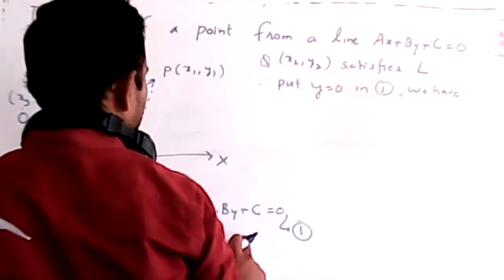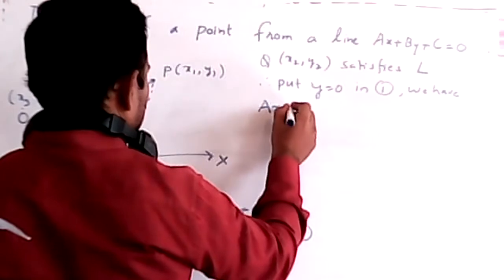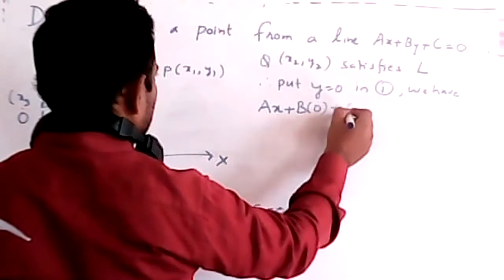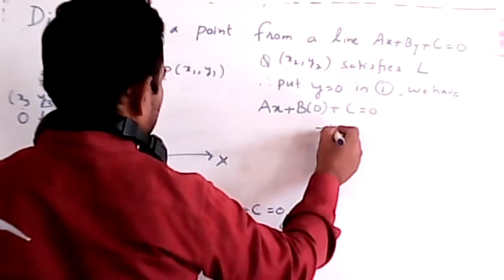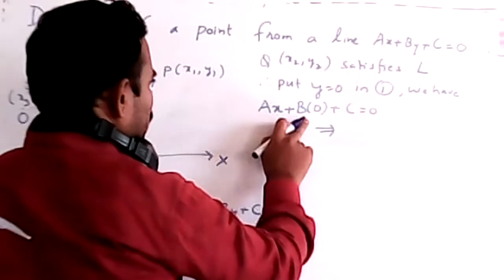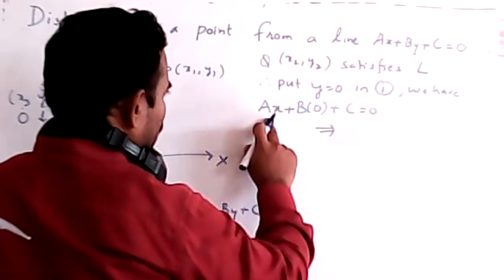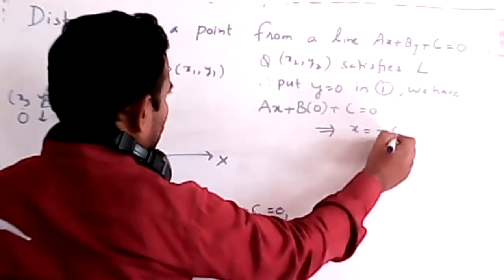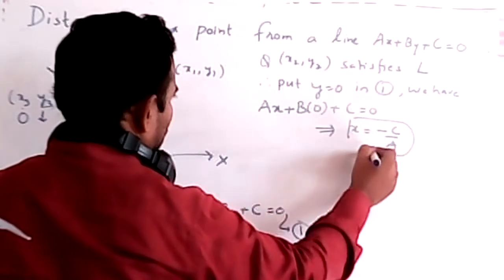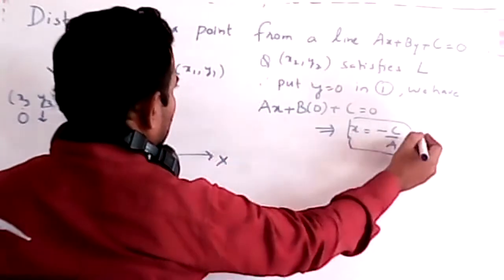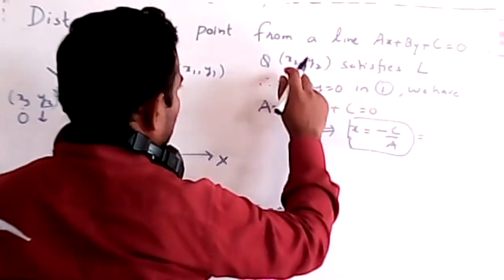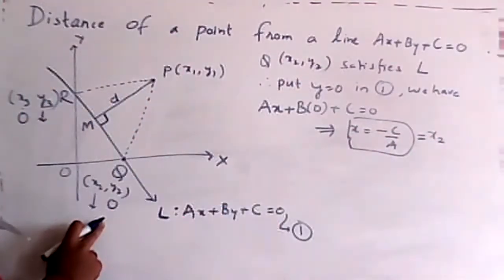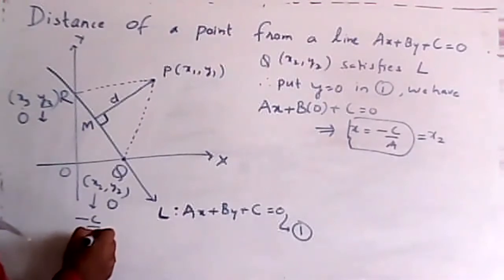When we make y = 0, the line becomes Ax + b into 0 + C = 0. This implies b into 0 is 0, so Ax + C = 0, and I want Ax, so it is minus C. I want only x, that is x = -C/A. This is nothing but x2, so x2 is -C/A.